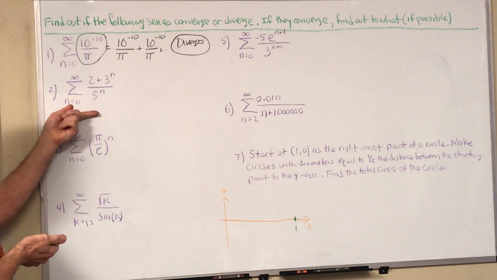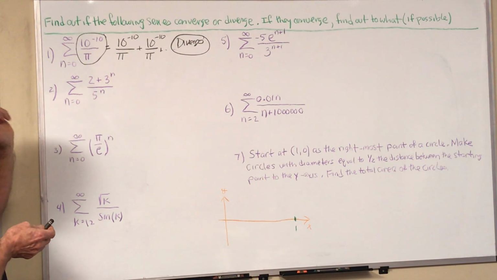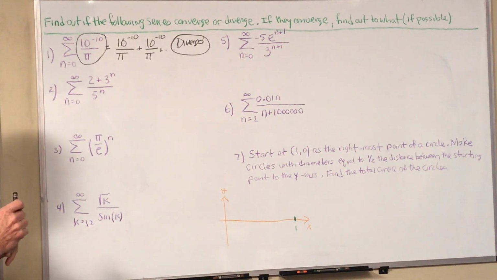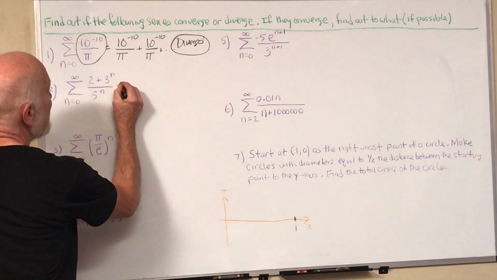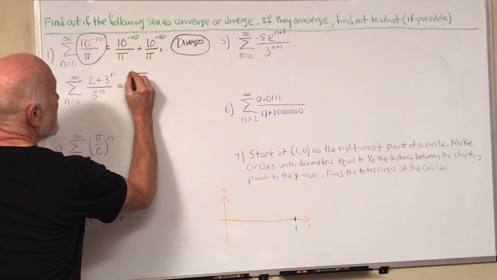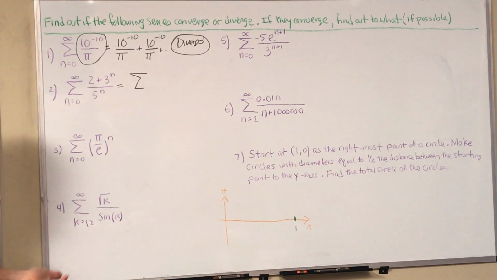Okay, this next one. I think if you use your ideas that this is a summation, and we can use all the rules that we always learned in summations, that we could break this apart into two separate summations. When we're adding up numbers, it doesn't matter the order that we add them up.